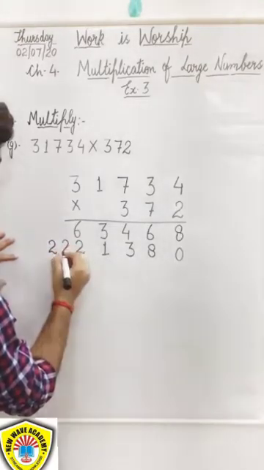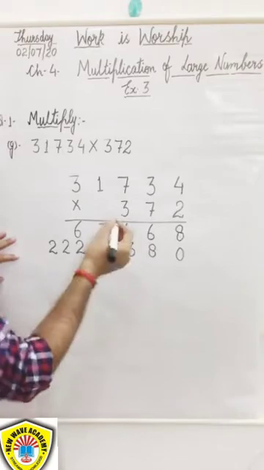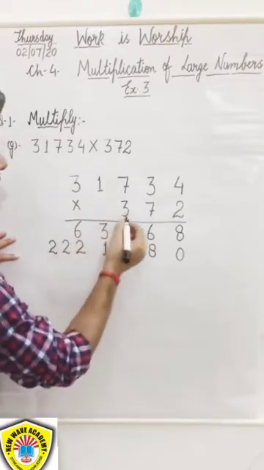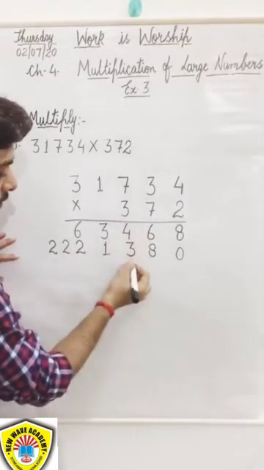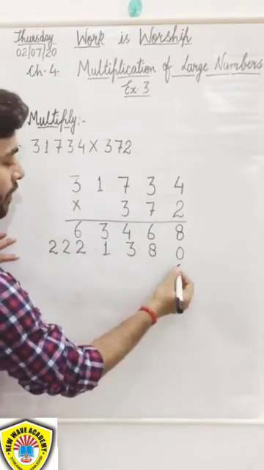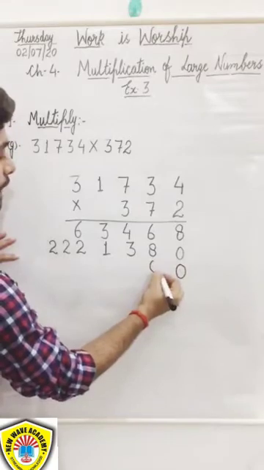7 3s are 21 plus 1 is 22. Okay, now come to the next digit, which is 3, and it is on the hundreds place, so we will start from below this digit, so we will put 2 zeros for the 100.